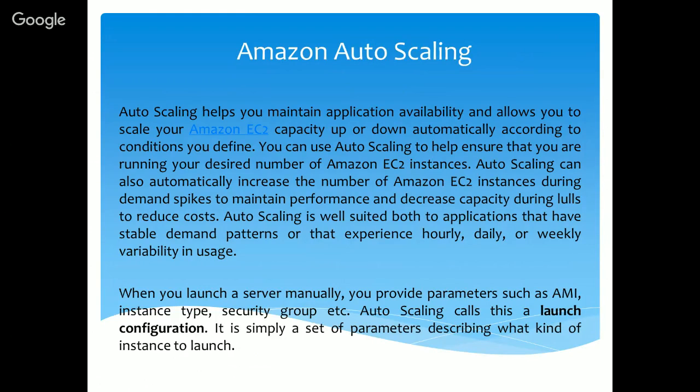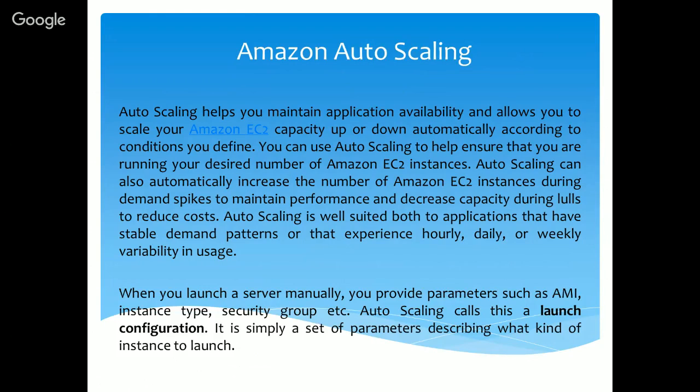And once the peak hours are gone, maybe you can reduce that capacity. Auto scaling is well suited both to applications that have stable demand patterns and to those that experience hourly, daily, or weekly variable usage. You can configure auto scaling based on time or based on load, or you will have X number of instances every time. I'll walk you through some of these options when we do the hands-on lab.